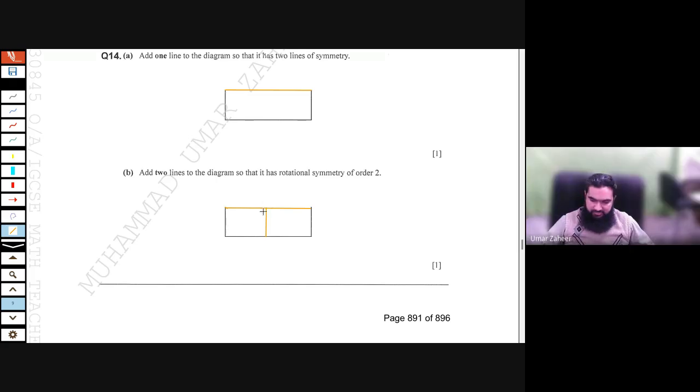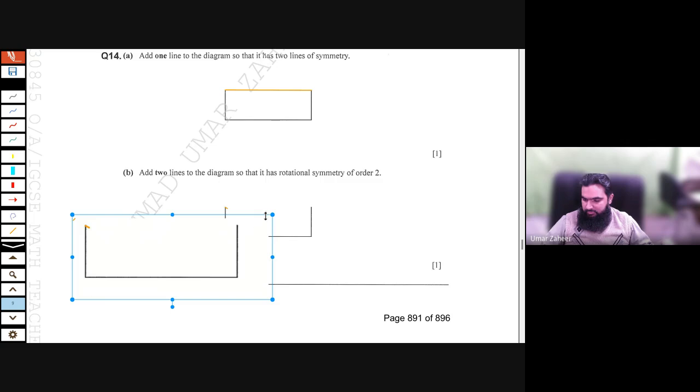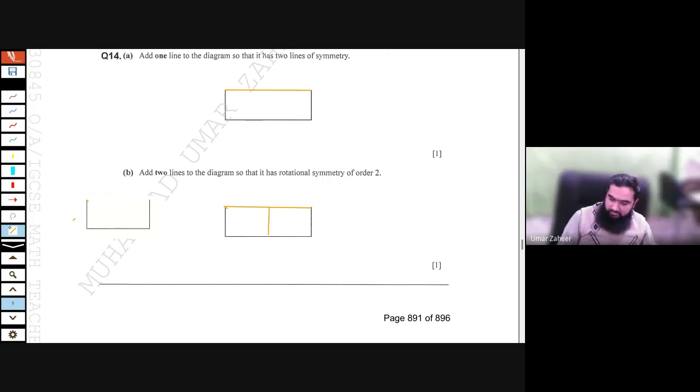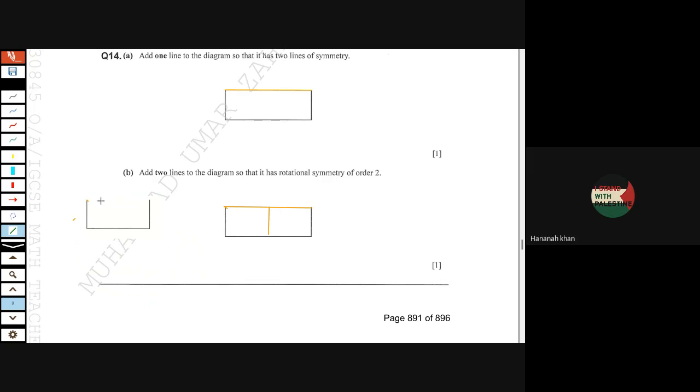Okay, one minute. One possibility I have to draw here is this one. You have to tell me where I have to draw a line. On the bottom of each line, like this, with the same length.